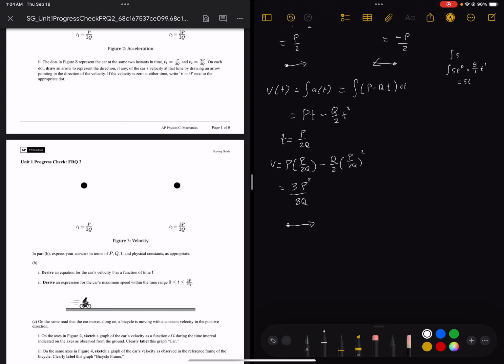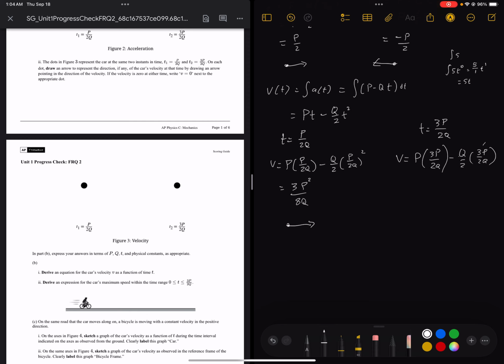Okay, and then here at time t equals 3p over 2q, I'm going to do the same exact thing. So velocity is going to be p times t, which in this case is 3p over 2q, minus q over 2 times, oh, whoops, what am I saying? We're looking at time 3p over 2q, squared.